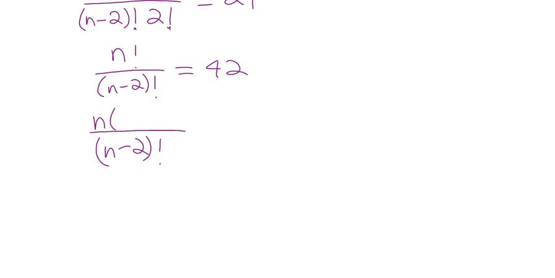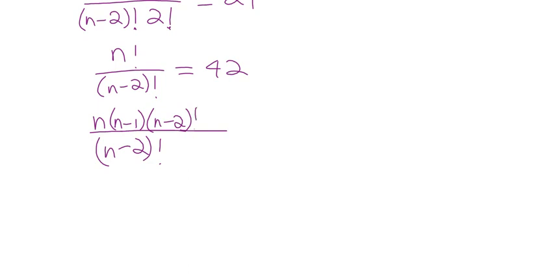So it's n times n minus 1 times n minus 2. What's next? Factorial, right? We're going to stop there.